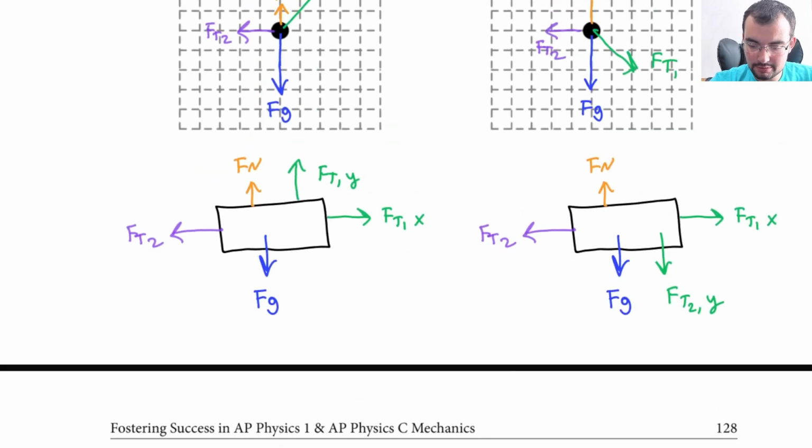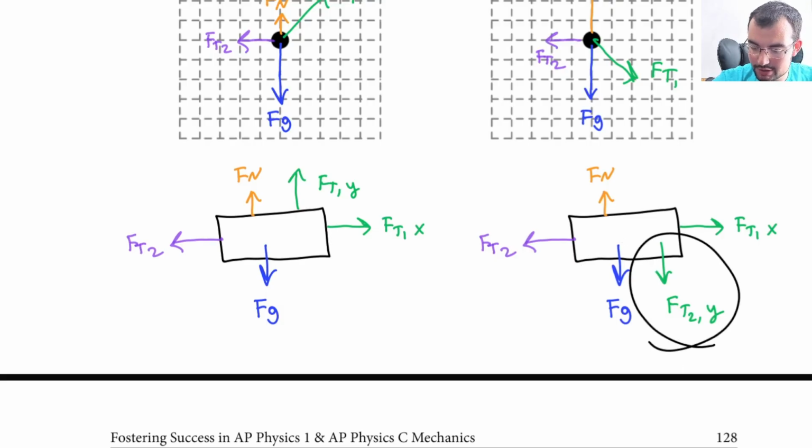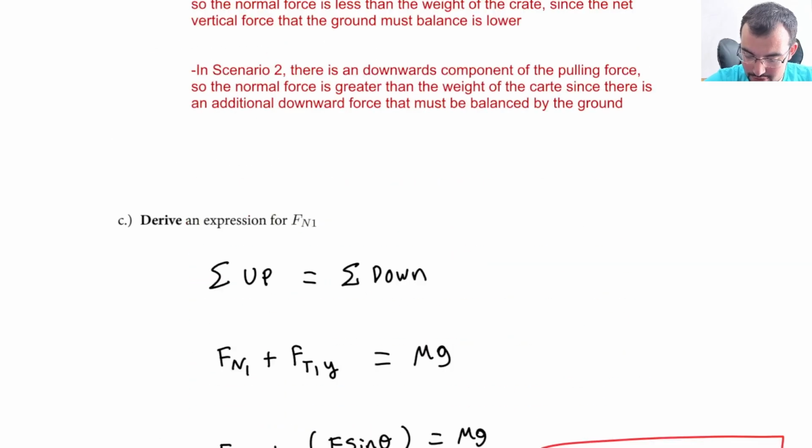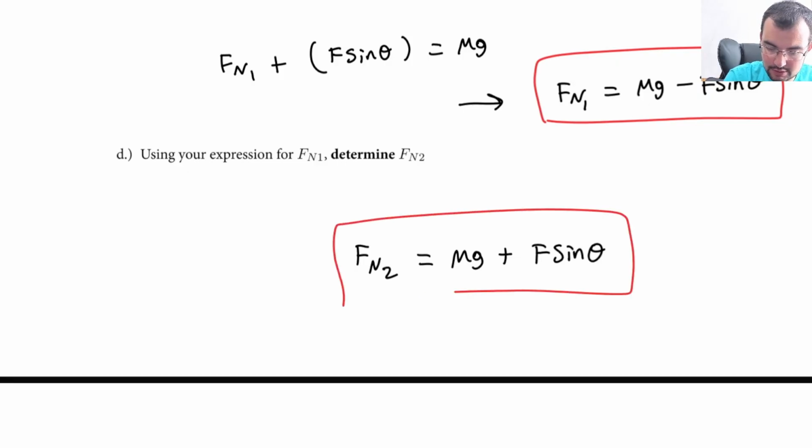So Fn2, well, that's going to be slightly different because it needs to push back not just with Fg, but with whatever component was working against the normal. So it's just a sign swap here, right? Because the second normal force would just be mg plus the extra pushing it has to do due to the downward component of the force.